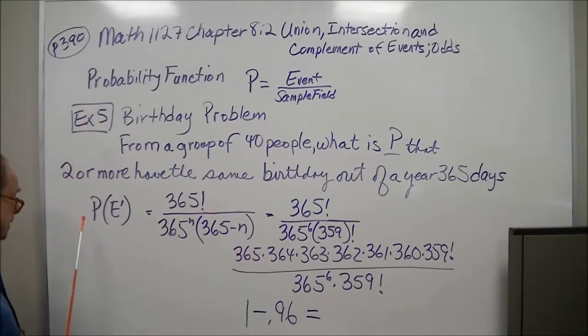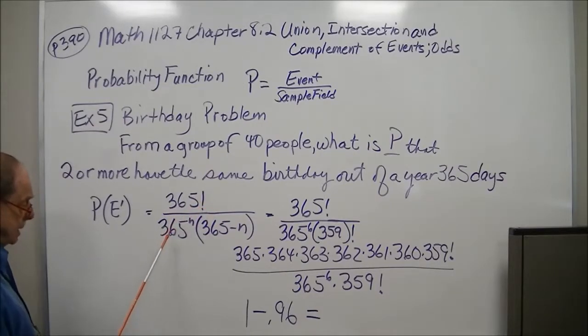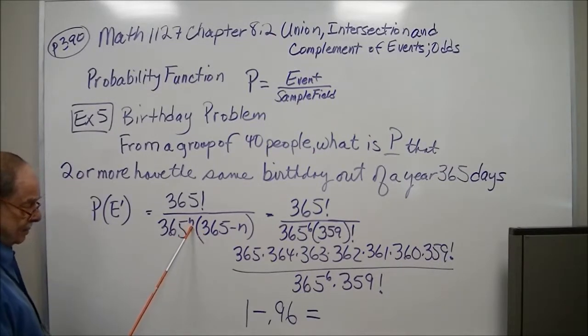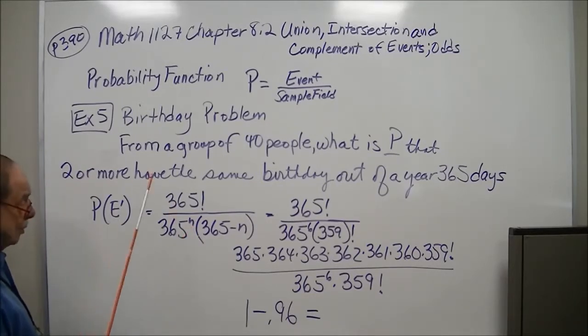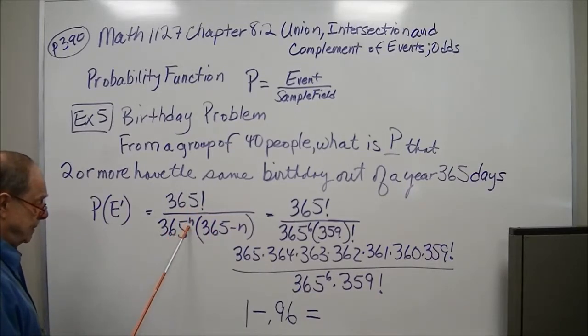But basically, to find the complement of E here would be 365 P N over 365 to the N, where N is the number of individuals, and the one they're using in the book is 6. Instead of 2 or more, they're saying, well, let's say 6 have the same birthday.